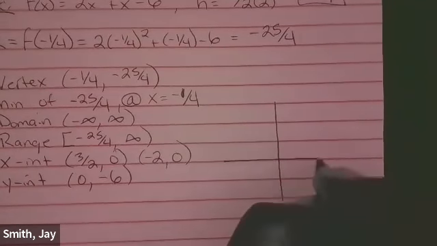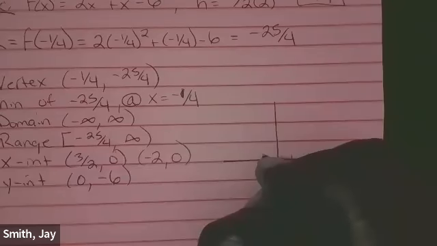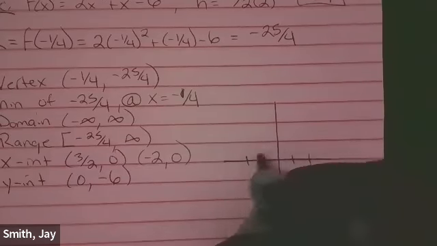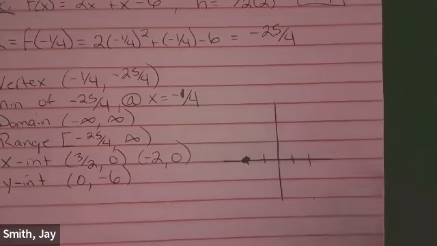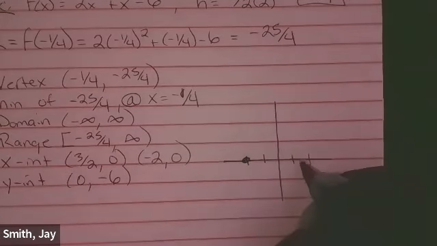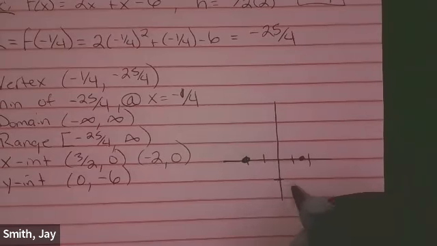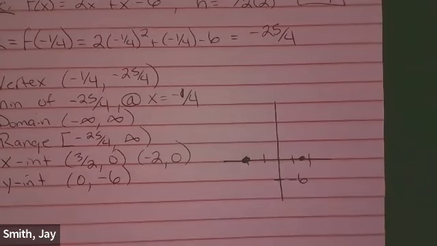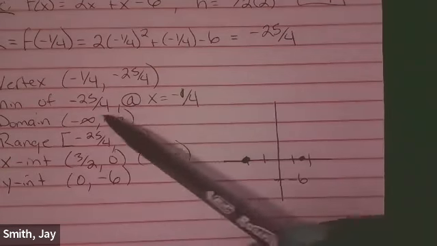A good quick sketch of this one. We know we have x-intercepts at -2, 0 and 3/2. 3/2 is really just 1 and 1/2. We also know that our y-intercept is at -6, and the vertex is at -1/4.